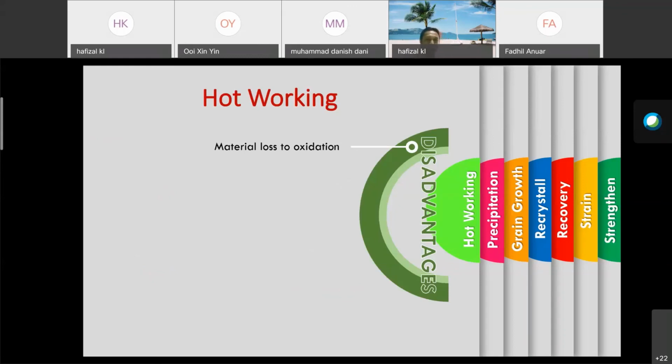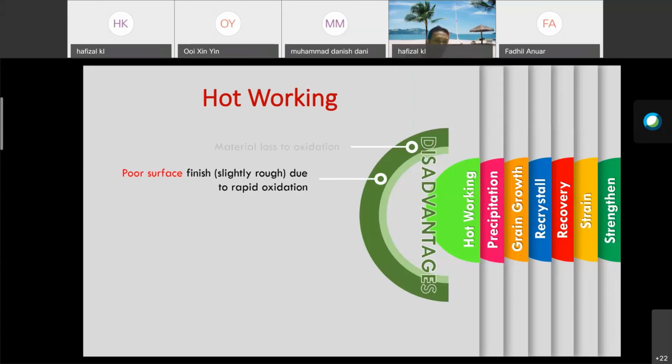At higher temperature, the chemical reaction takes place easily. Oxidation of the surface area will happen and reduce the amount of material, so we don't want this.